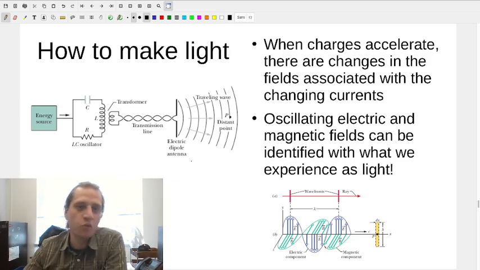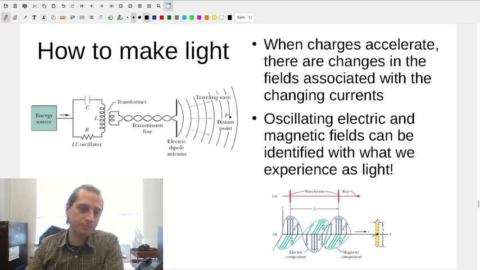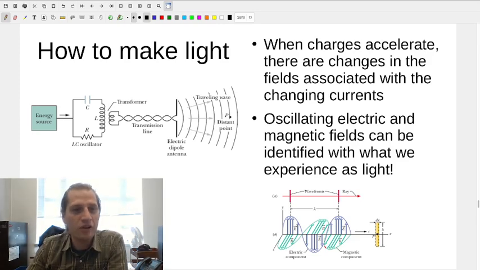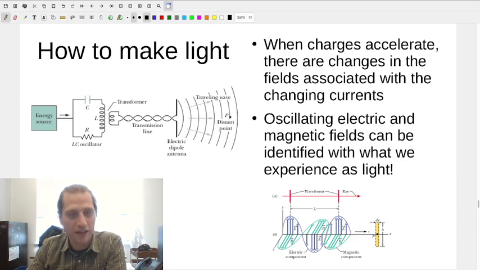So for instance, if you wanted to make a light wave that has some frequency, you now have the skills to understand what's going on, because we've talked about LRC circuits and the ways that you could tune your inductor and your capacitor to get what frequency you want.